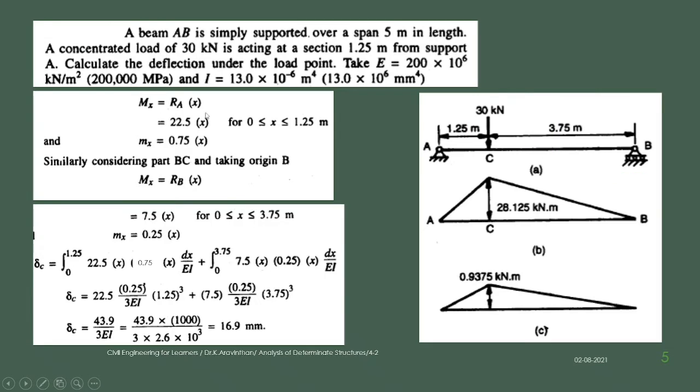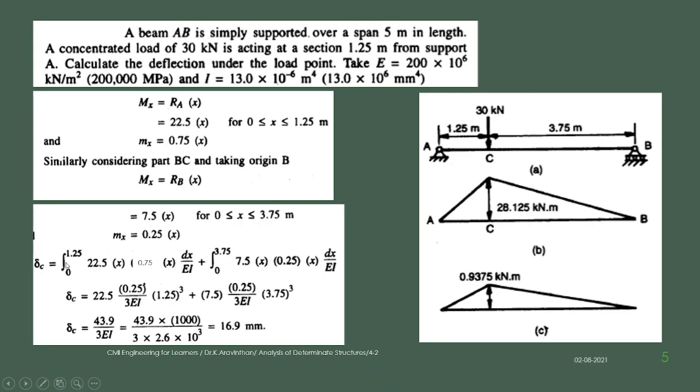Now let us take the first element, that is AC. We have to substitute capital M small m divided by EI. Capital M is 22.5 into X and small m is 0.75 into X, into dx by EI. If you integrate, the limit will be 0 to 1.25 for the element AC.